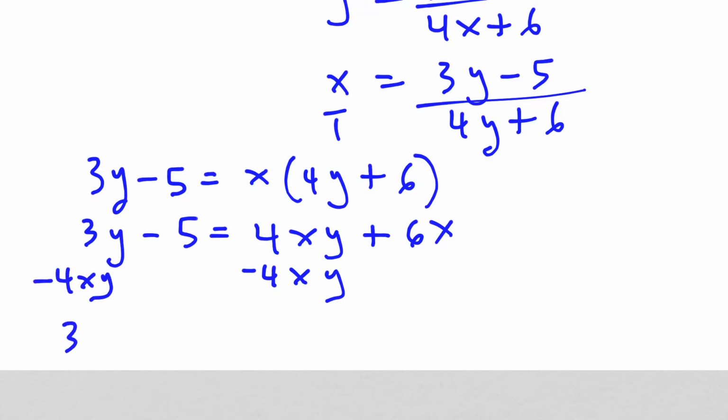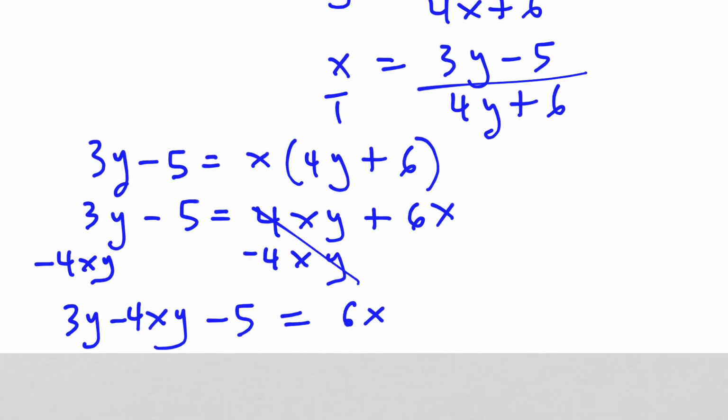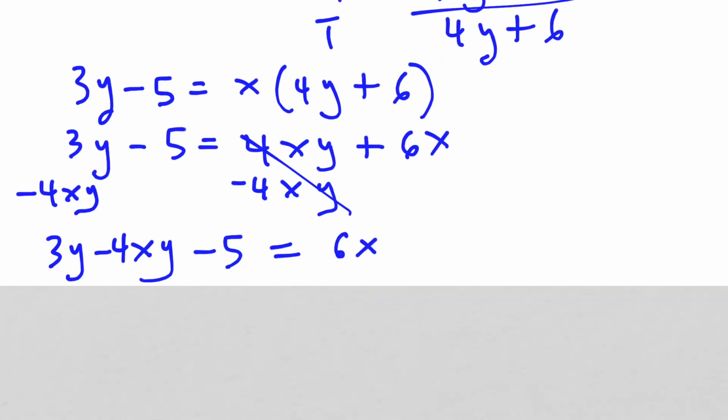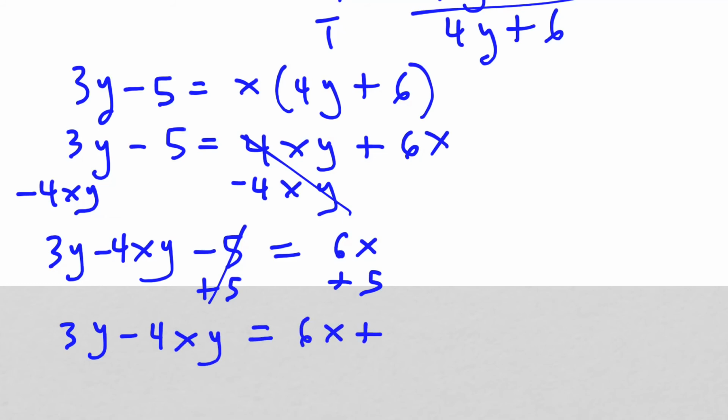So I get 3y minus 4xy minus 5 is equal to 6x. I have this 5 here without a y in it. I'm going to move that over to the other side. So I'll have 3y minus 4xy is equal to 6x plus 5.